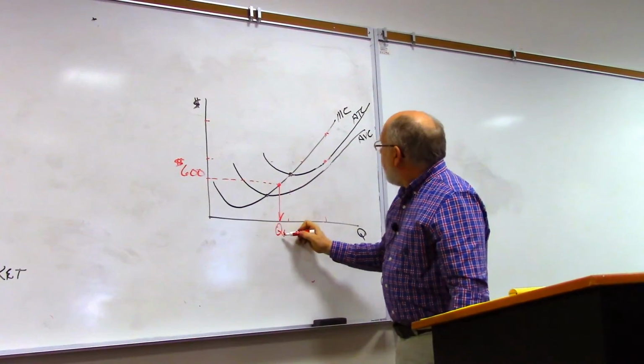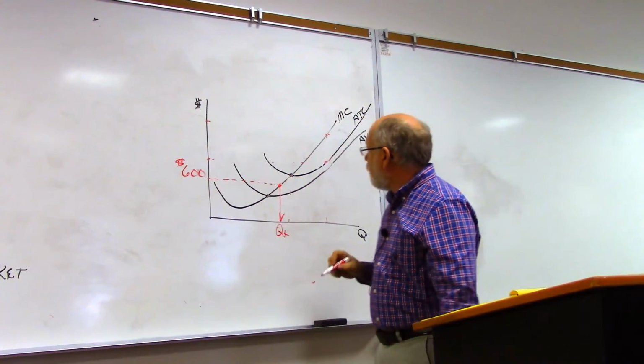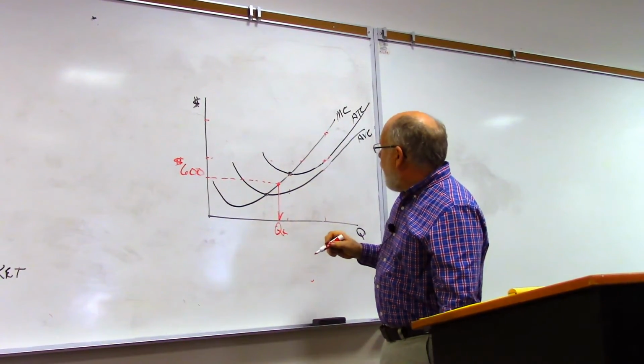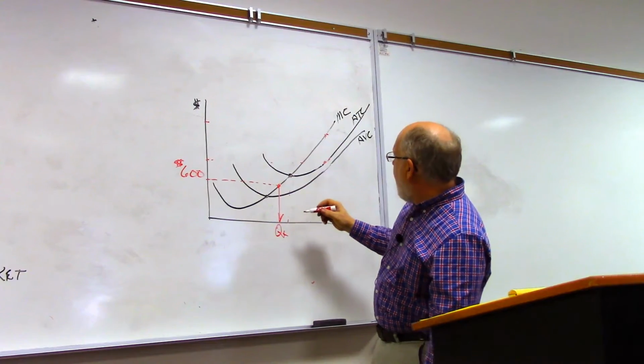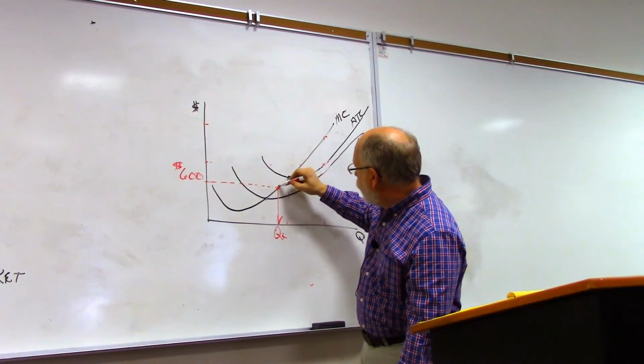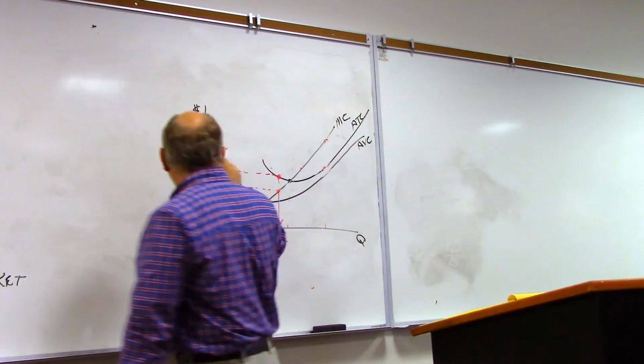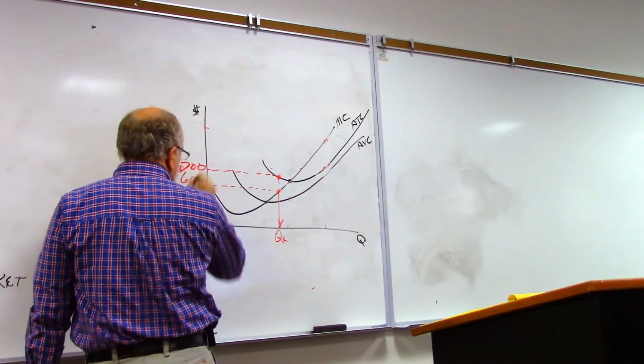But at this quantity, our marginal cost, the cost of making the very next one, is $600. But our average total cost is right here. Let's call that $700.